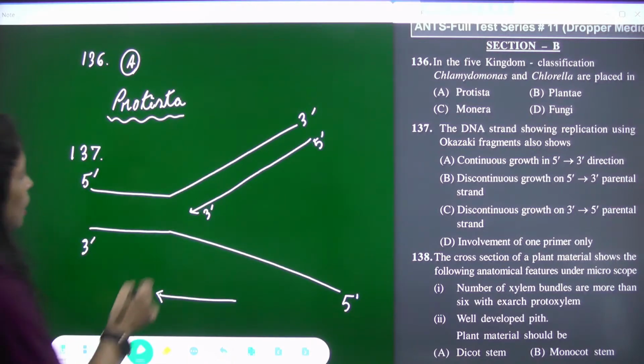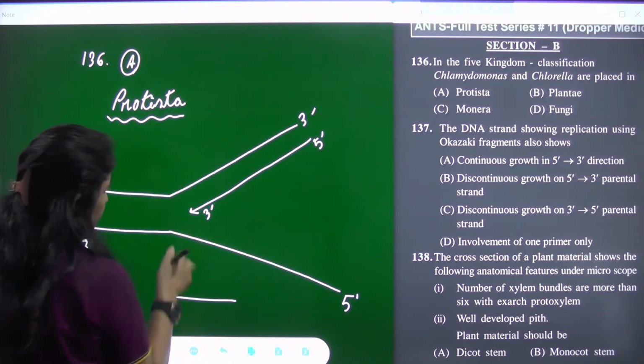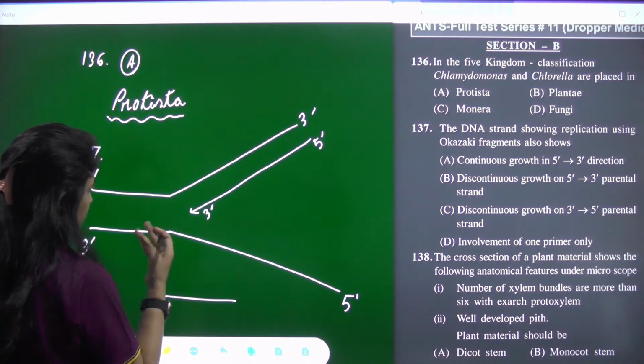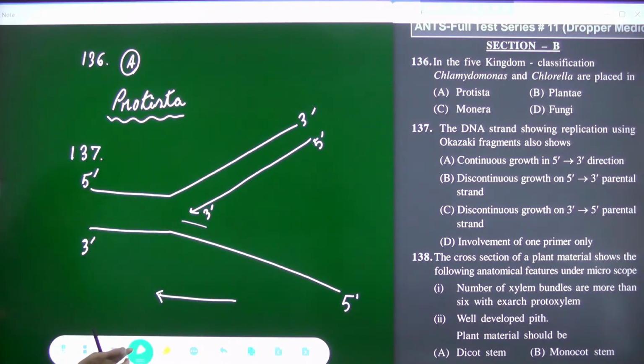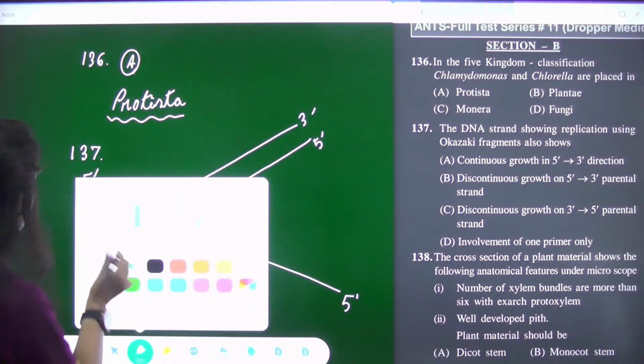Fine. Wait, I am using a different color.